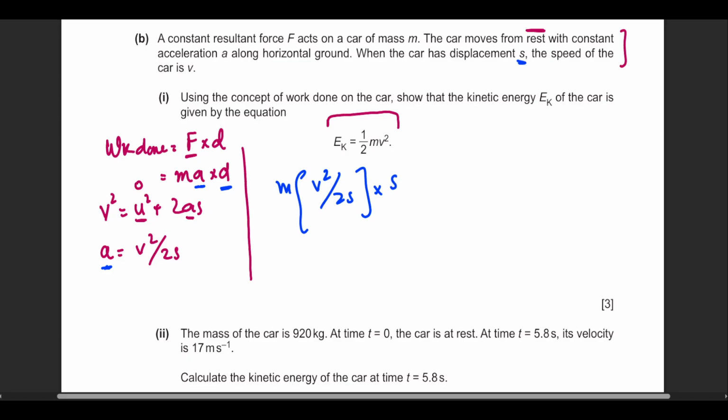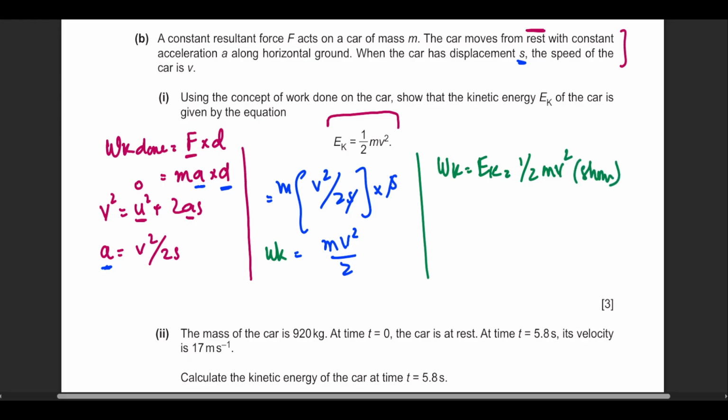So this will also be s. So what we're left with is mv²/2, as this s cancels out with this. The work done comes out as mv²/2, which can be simplified: the work done is equal to the gain in kinetic energy, which is equal to ½mv², and this is hence shown.